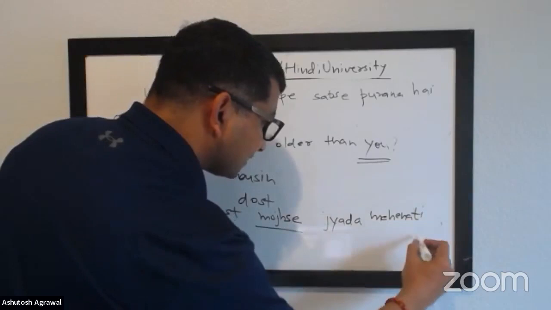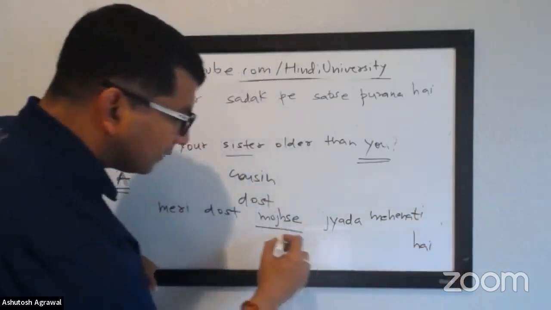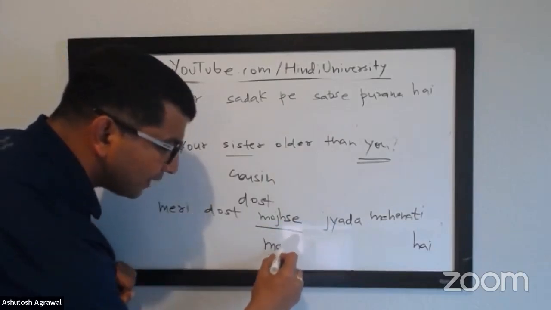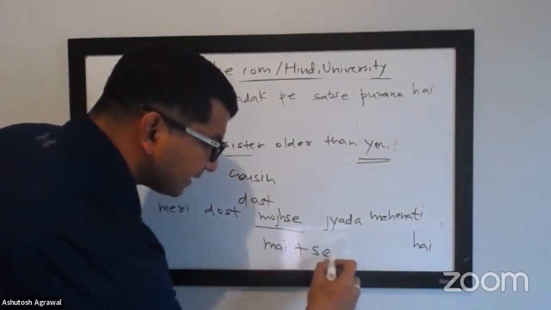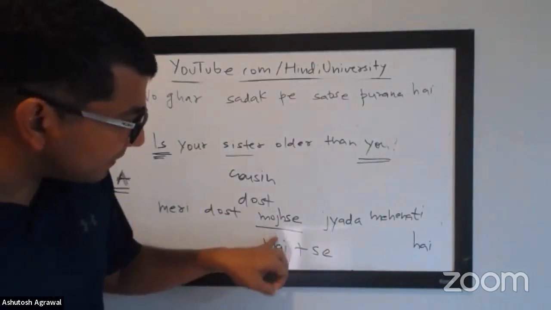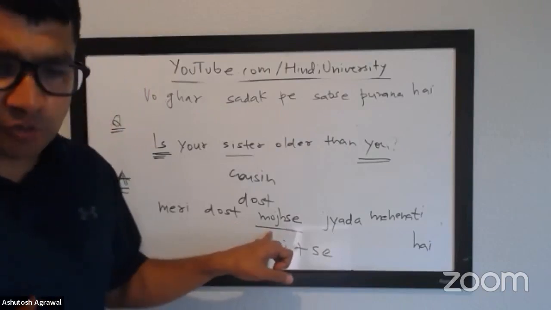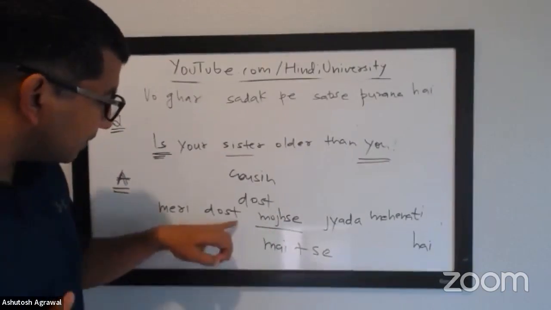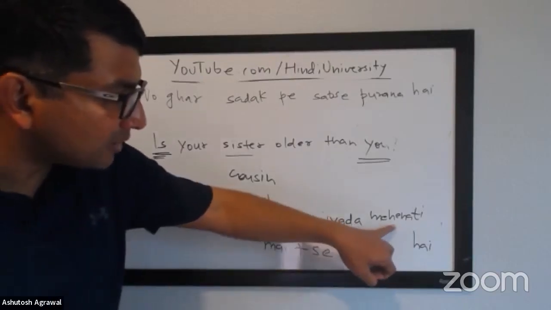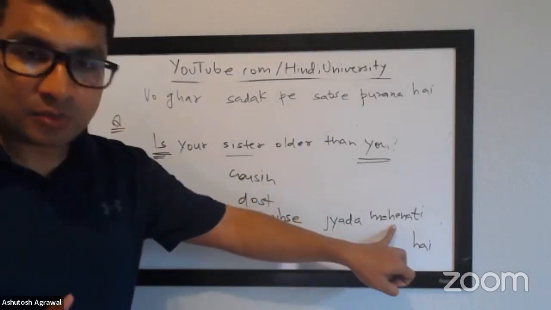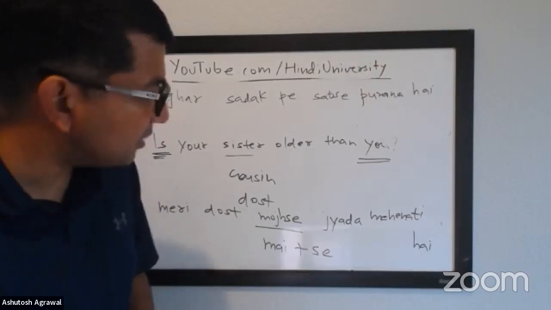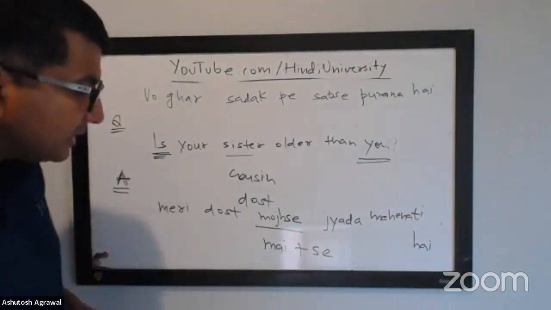This is a good one actually. Why? Because again, just like you had आप से, here you have मैं plus से. So it's easier to miss or make a mistake here and not come up with मुझसे. You use ज्यादा because it's hard working, more hard working. मेरी दोस्त मुझसे ज्यादा मेहनती है.